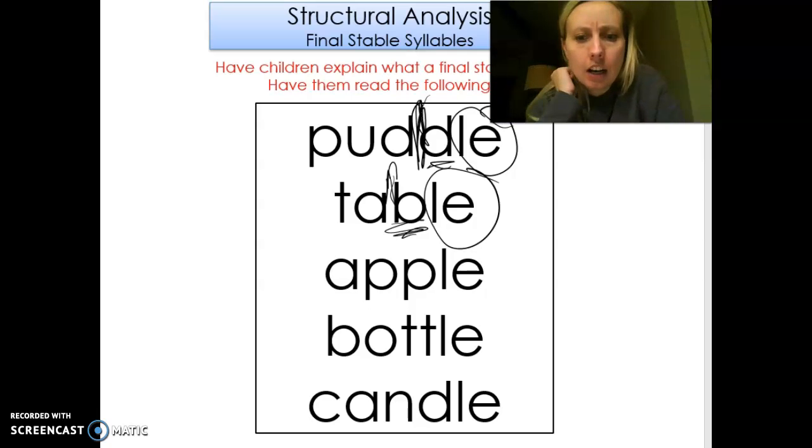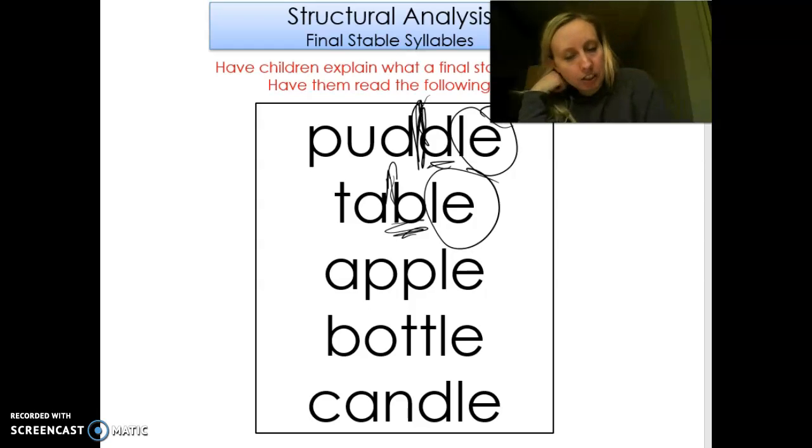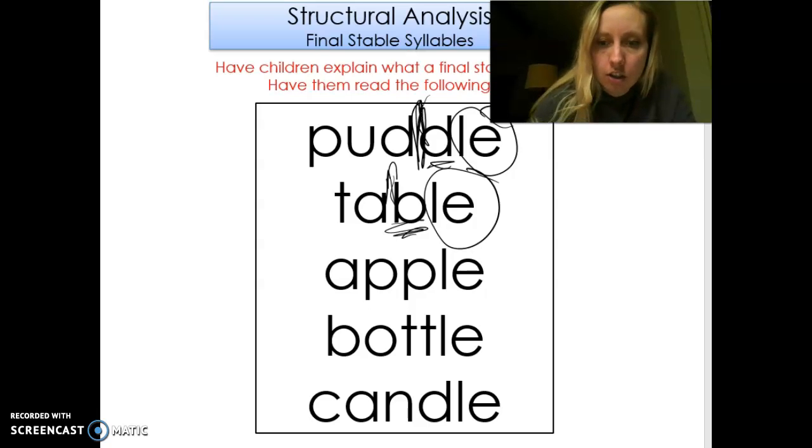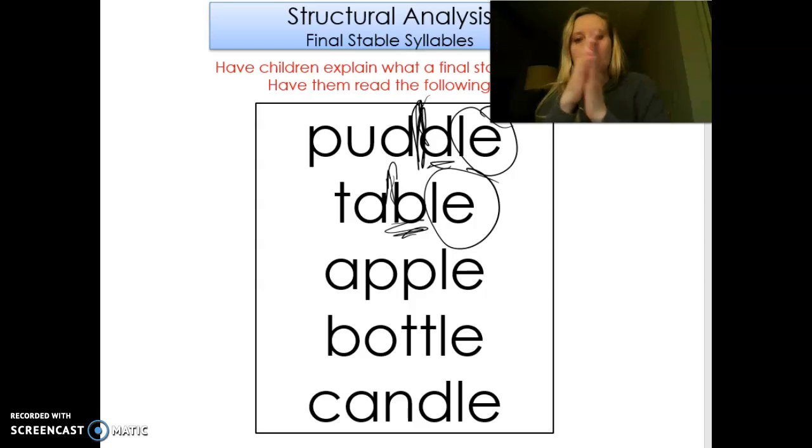Just remember, you draw a line under the second P and circle LE, and it's a final stable syllable. Bottle. There's an LE with a consonant before. Final stable syllable. Next, candle. There's a consonant LE. Final stable syllable.